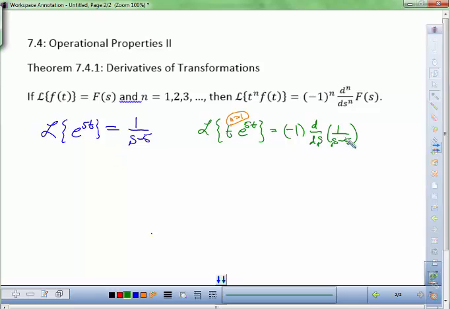So what is the derivative of 1 over s minus 5? The negative and the negative make a positive, so this is just 1 over (s minus 5) squared.